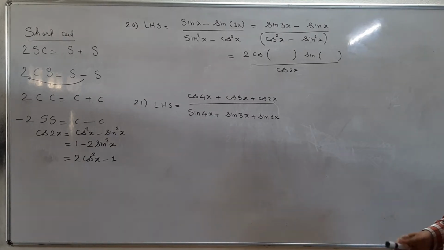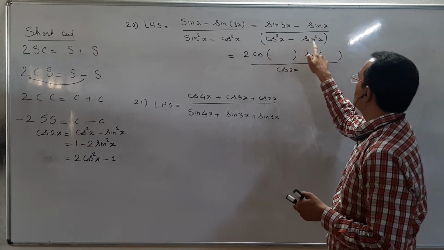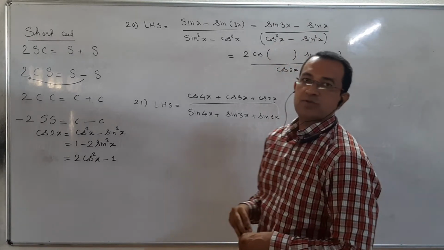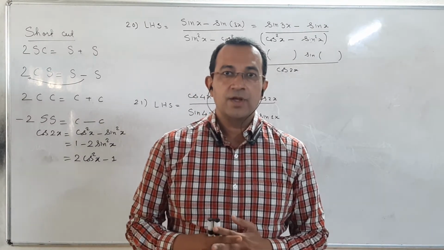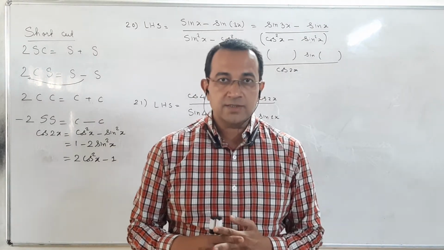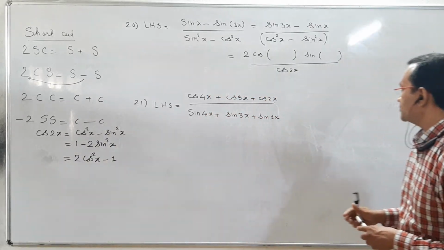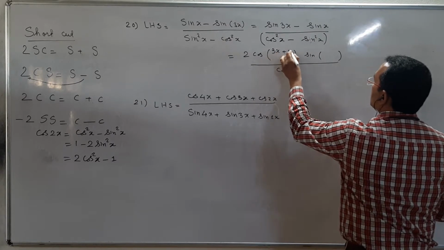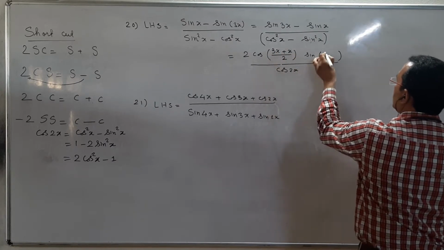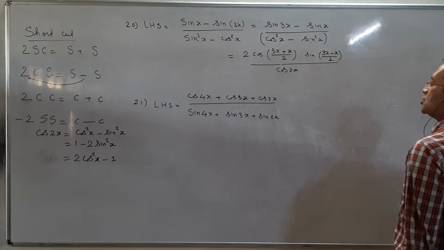So, students, the replacement for cos square x minus sine square x is cos 2x. This is 3x plus x by 2 and 3x minus x by 2.